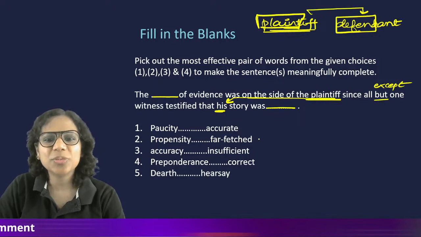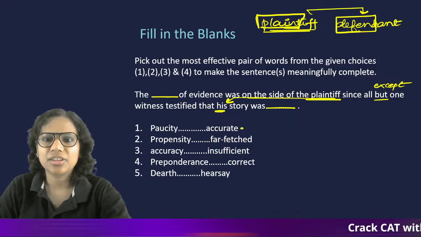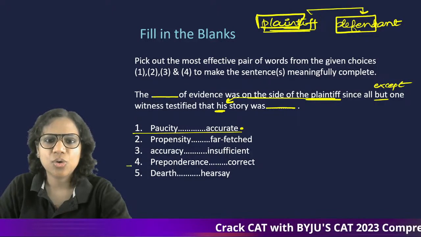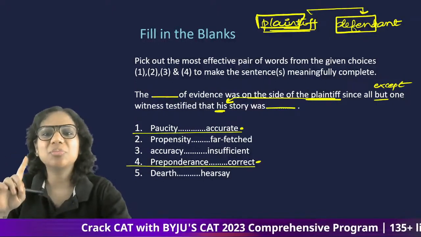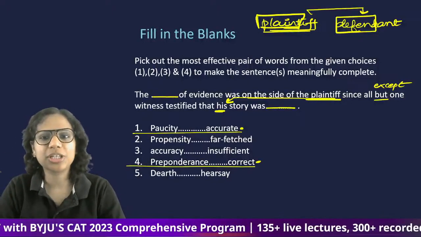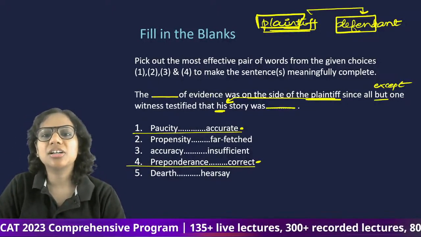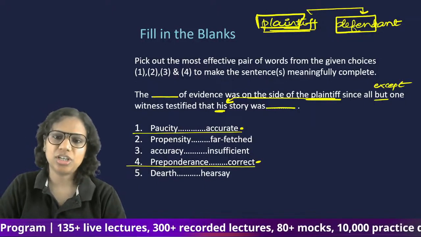So why have so many of you said second as the answer? Okay, so either this or this. The plaintiff has made the complaint. The plaintiff must have told a story also that, okay, this is all that happened to me. And if I'm saying that the dash of evidence was on the side of the plaintiff, right?